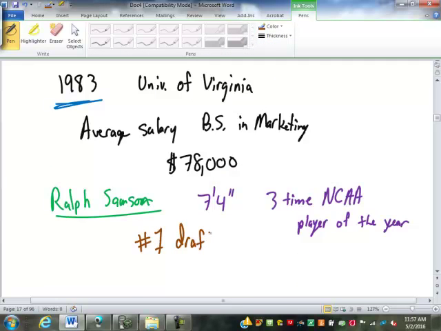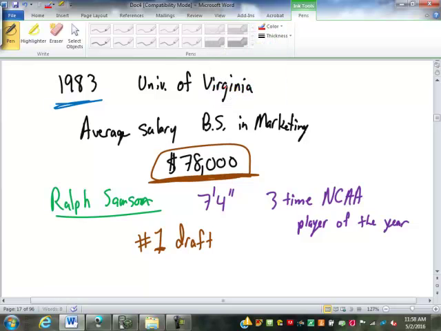Now, back in 1983, again, athletes weren't making the $20-30 million a year they are in some places now, but basketball was still the highest paid professional sport. So Mr. Sampson still signed a multi-million-dollar contract. It takes a lot of $20,000 a year marketing graduates to average one multi-million-dollar player down to $78,000 a year.